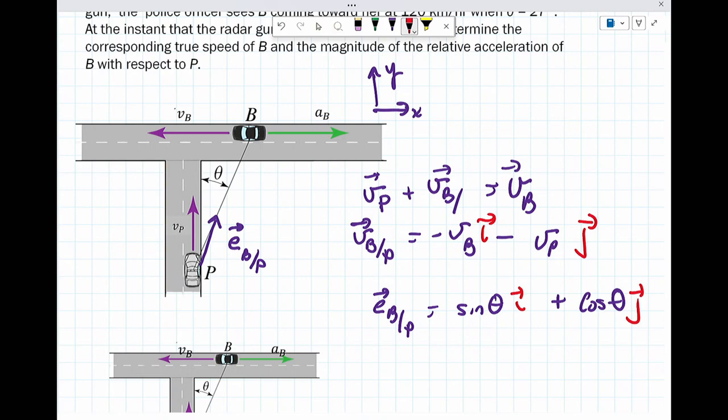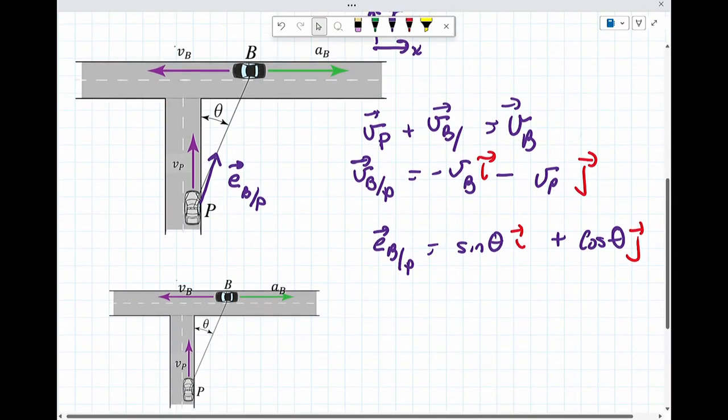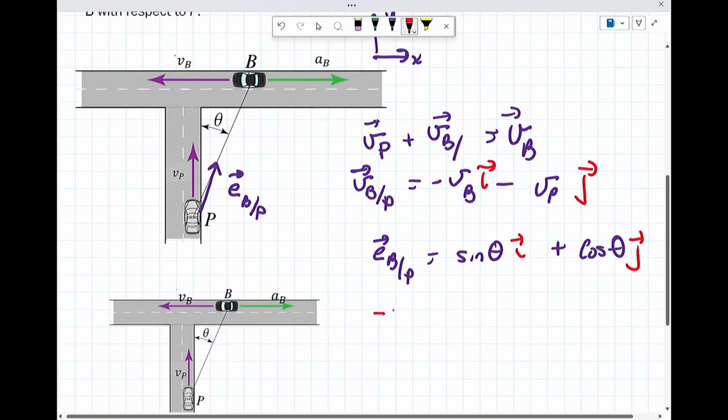Now I know one other thing that I'm not going to get from the math, but as the driver is moving to the left, the line between P and B gets shorter.